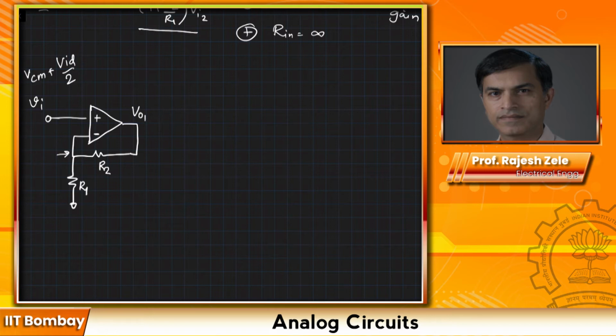Since we have already done this before, we know that since there is a virtual short between plus and minus, the negative terminal node will also look like Vi, okay? And that will also have VCM plus VID by 2. The point I am trying to make is a non-inverting amplifier does not discriminate between common mode signal and differential signal if you are just using it this way.